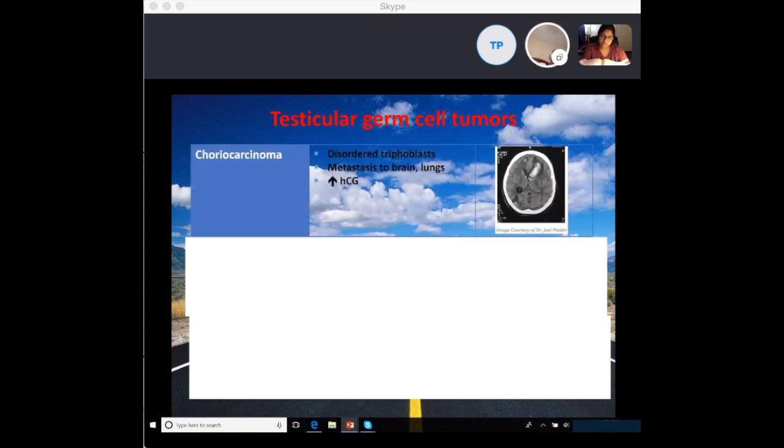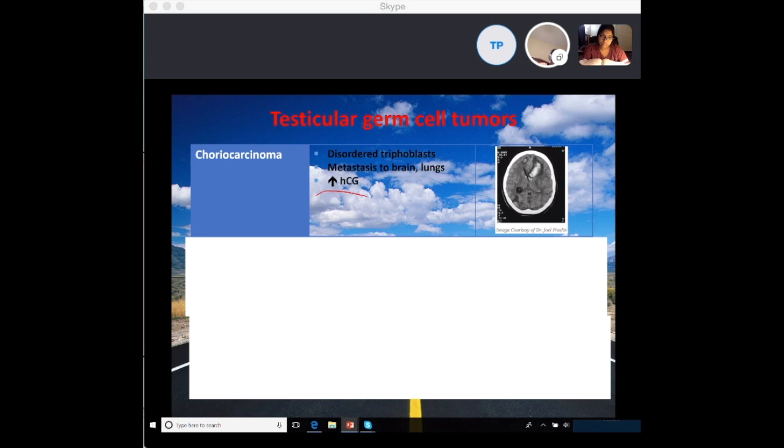Choriocarcinomas are caused by disordered syncytiotrophoblastic and cytotrophoblastic elements. They're going to have elevated HCG levels, and they're going to spread hematogenously.